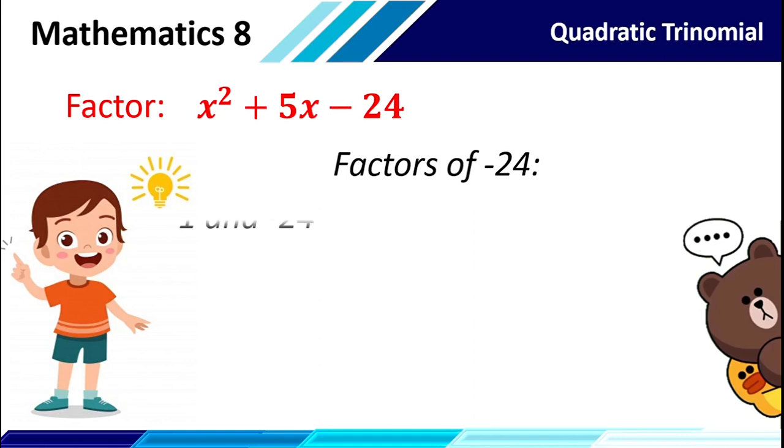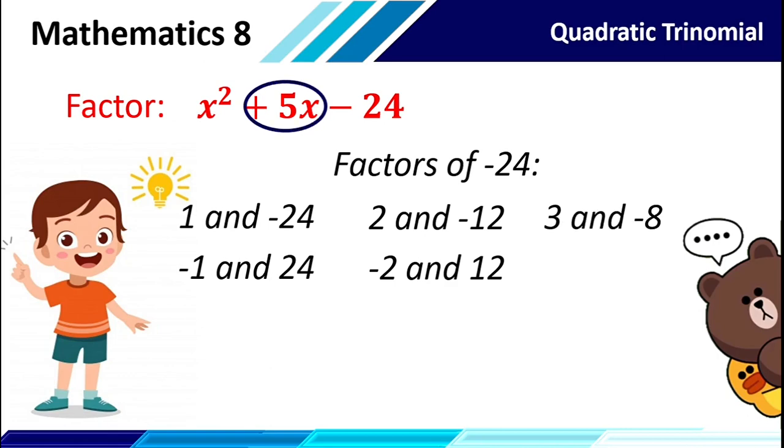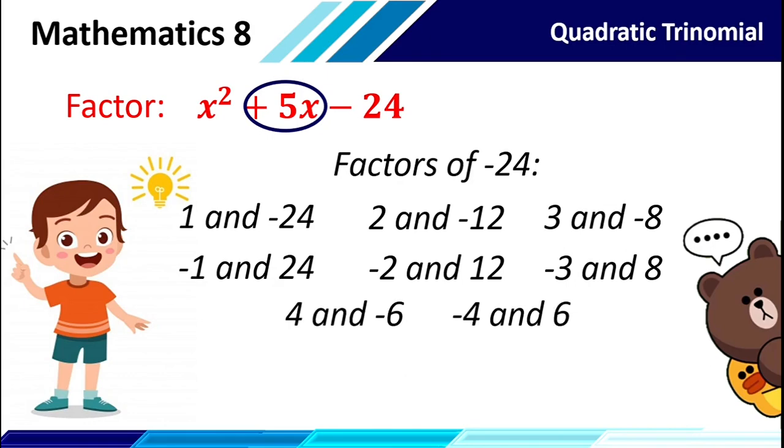The factors of negative 24 are 1 and negative 24, negative 1 and 24, 2 and negative 12, negative 2 and 12, 3 and negative 8, negative 3 and 8, 4 and negative 6, and lastly, negative 4 and 6.